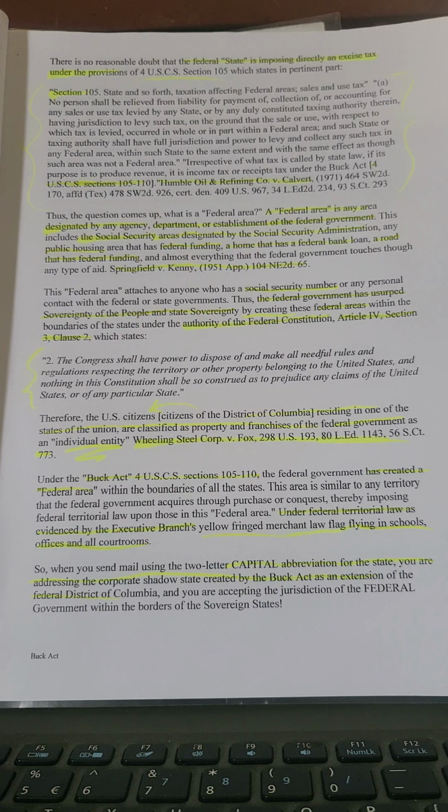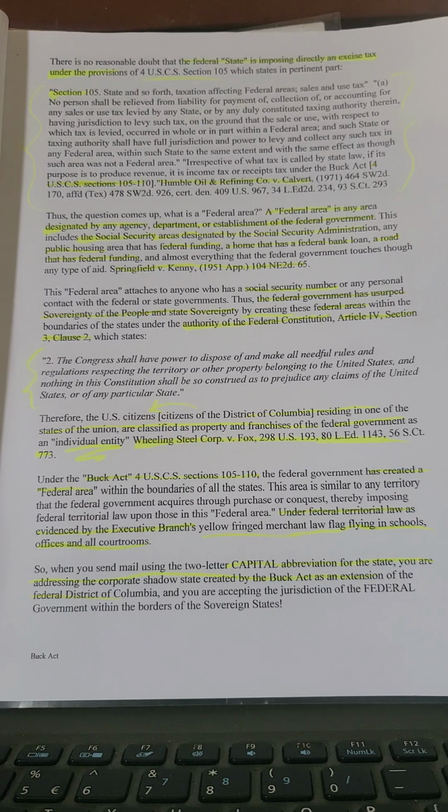This includes the Social Security areas designated by the Social Security Administration, any public housing area that has federal funding, a house that has a federal bank loan, a road that has federal funding, and almost everything that the federal government touches, through any type of aid. Springfield versus Kinney, 1951, APP 104 NE 2D 65.